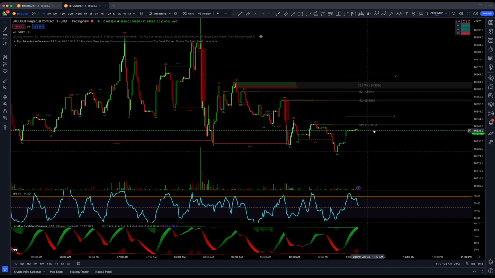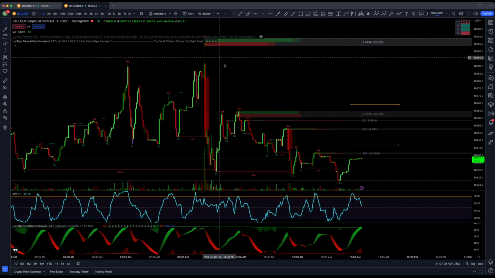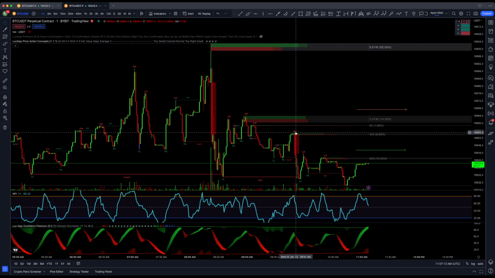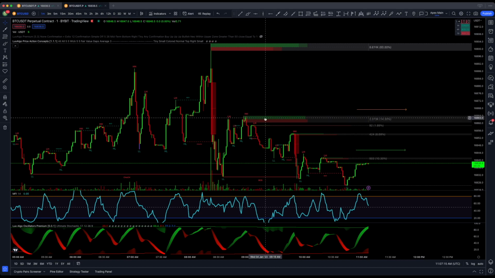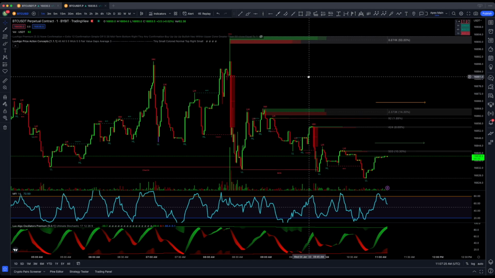So let's say this is your first structure here. This is your second structure, and then this is your third structure. Higher high, lower high, lower high. Ignore these. These are just based upon the Lux Algo thing, and I don't think it gets every one of them right, because you've got to determine yourself what you think the structure is.